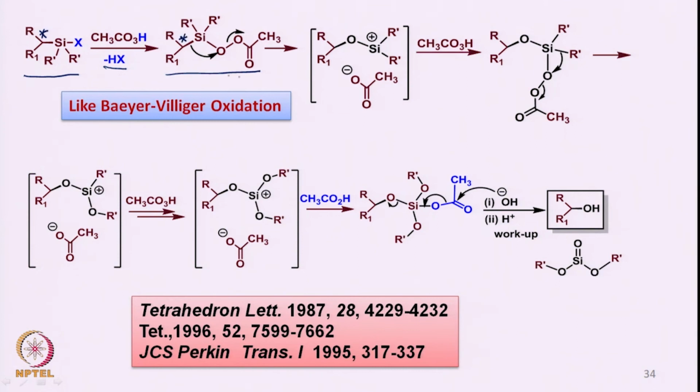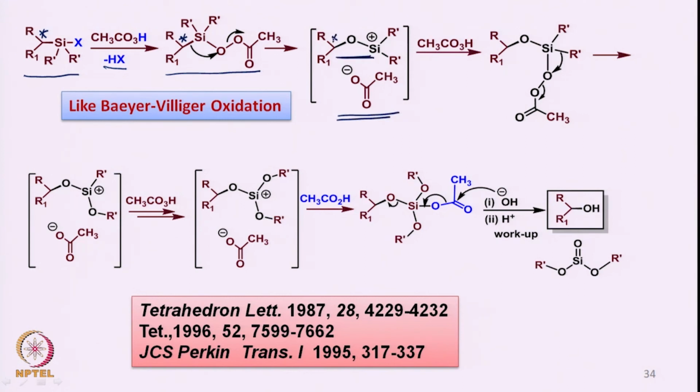Now this substrate looks very similar to a substrate that can be seen as equivalent to undergoing a Baeyer-Villiger oxidation, and in the Baeyer-Villiger oxidation also, if you recall, the chiral center does not lose the chirality, and therefore this migration from here, leaving the acetate ion out, gives this intermediate.